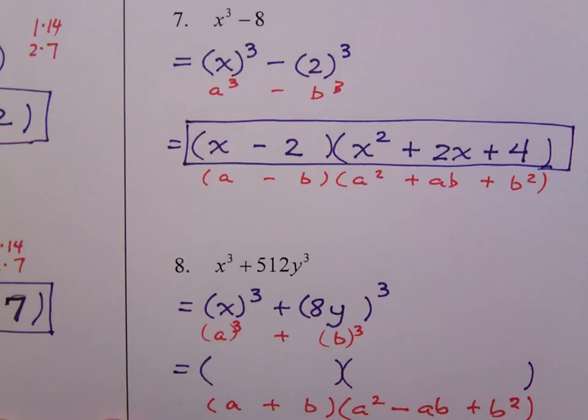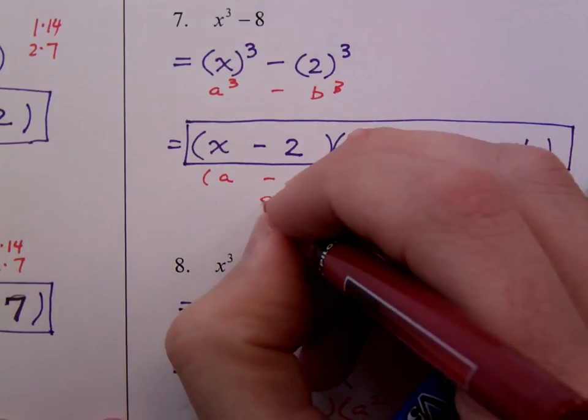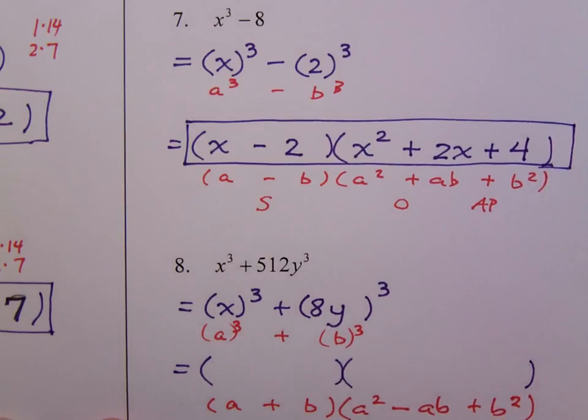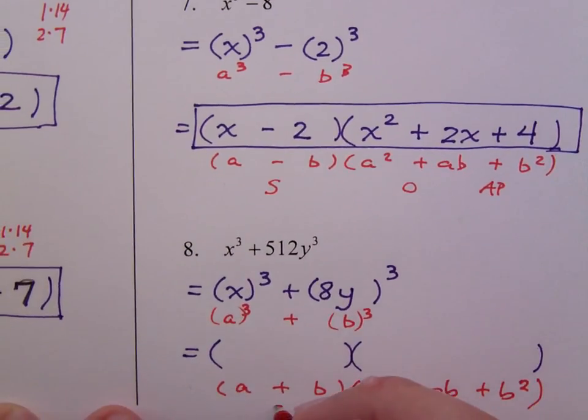Sometimes we use the acronym SOAP. Same, opposite, always positive. So even down here we have the same sign, opposite of what we see, and then always positive. So a plus b means x plus 8y.